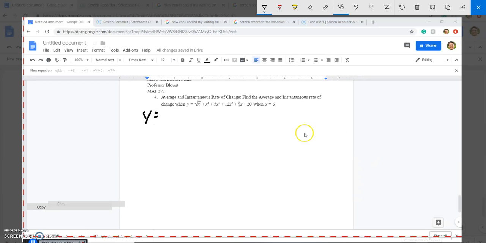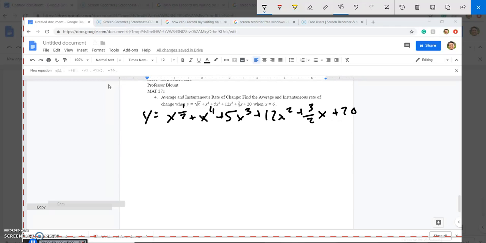Instead of using the square root, which is kind of ugly and we don't want that in there, we want to use some pretty easy variables. We're going to change that to x to the 1/2 power, and we're just going to rewrite everything else. x cubed plus 12x squared plus 3 over 2x plus 20.